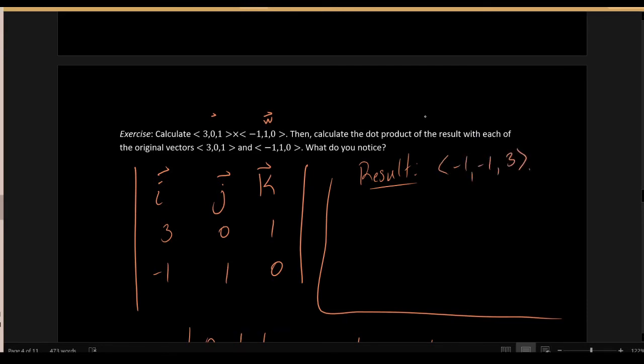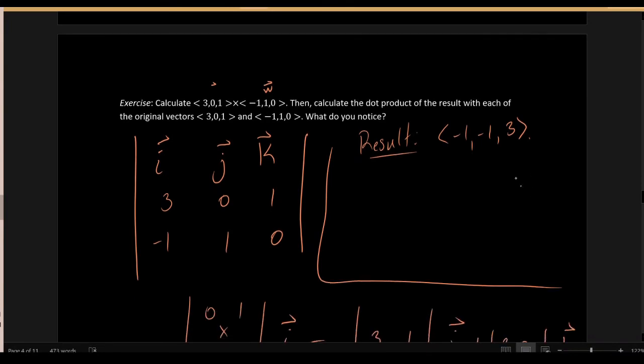Now the question says, follow up, go ahead and calculate the dot product of the result with each of the original vectors that we used in our cross product calculation. So let's calculate the dot product of -1, -1, 3 with 3, 0, 1. 3 times -1 is -3, then -1 times 0, then 3 times 1, result 0.